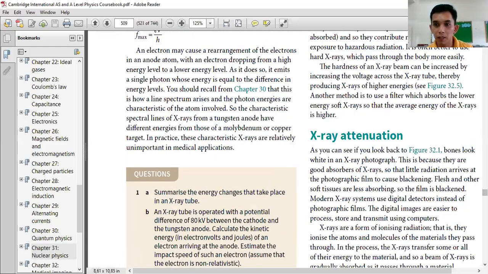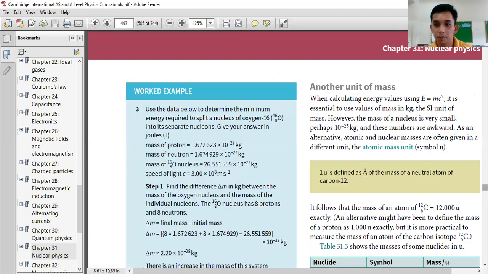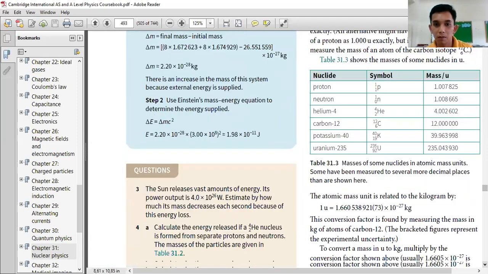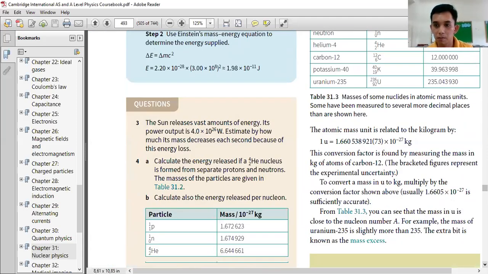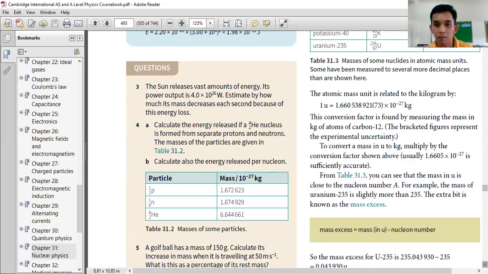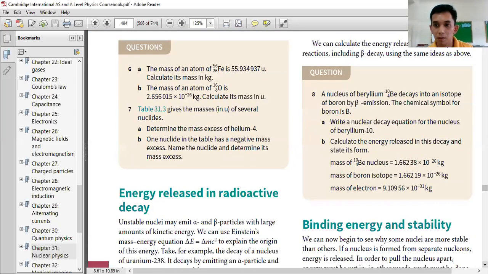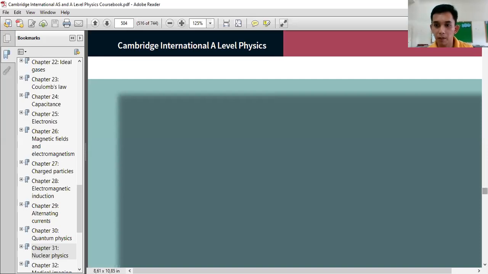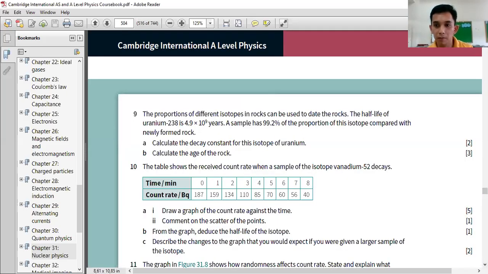So for number 14, okay, this one. Number 14.